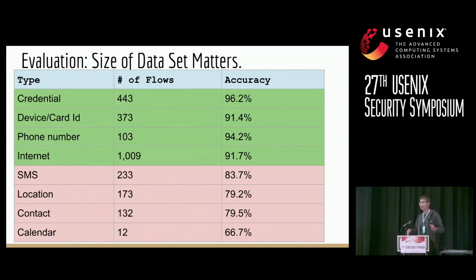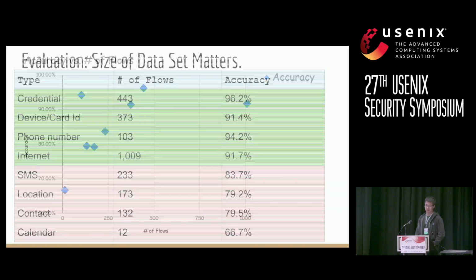We further break down the accuracy based on the type of source and sink. It turns out there is a big difference. For example, the flows with the credential can achieve a high accuracy, 96%, but for the flows with the calendar, the accuracy is low, 66%.